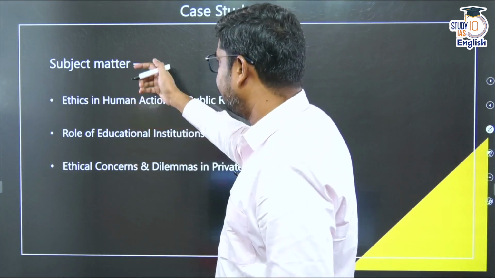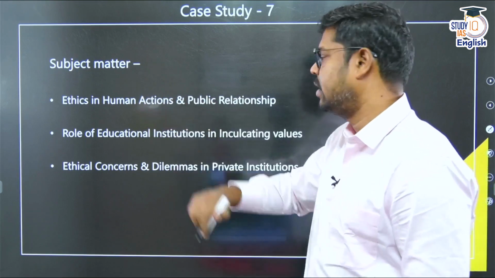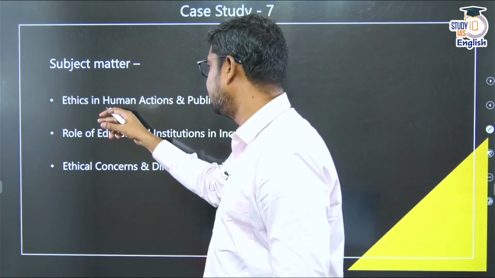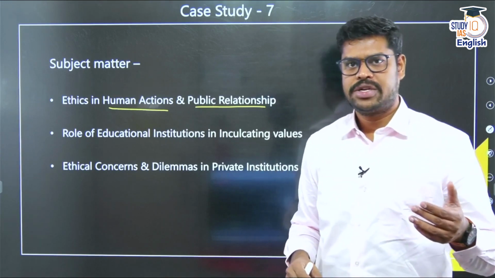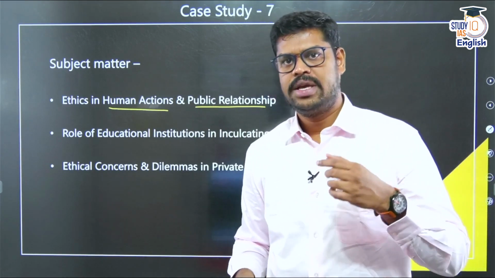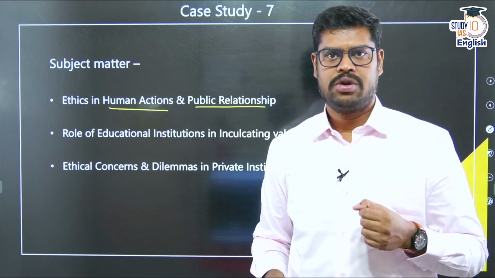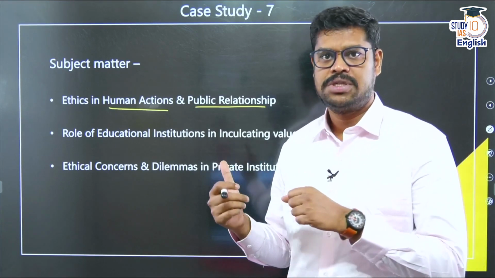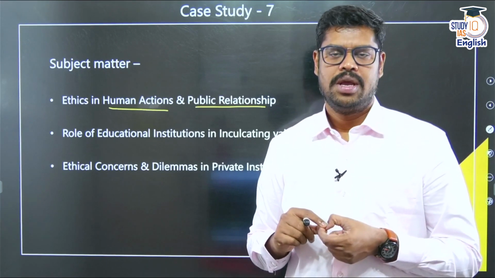Here I think these are the topics in your syllabus that overlap with this case study. One, I would say, is ethics in human actions and public relationships. Ethics in human actions means how ethical values drive human behavior or decide the conduct of a person. Here, how the vice principal acts largely depends upon his ethical values.